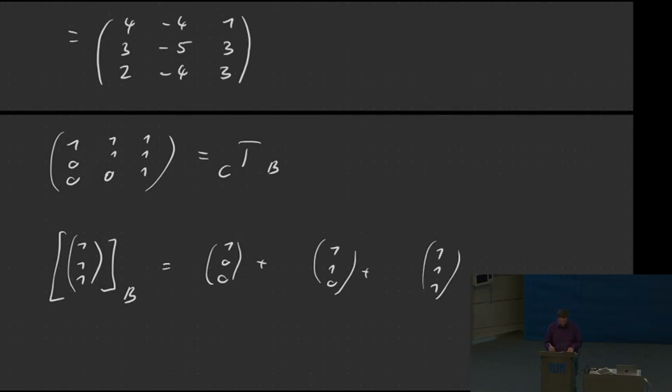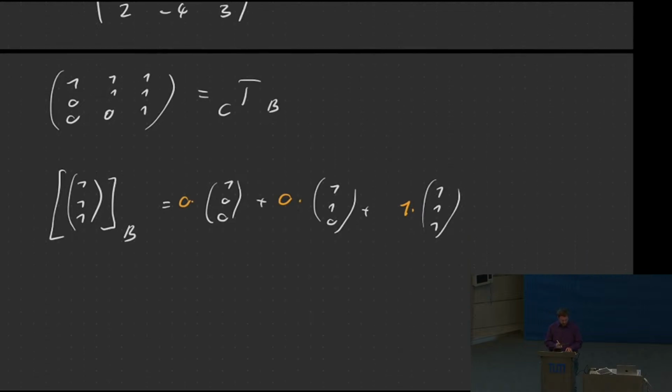This vector here is given in C coordinates. If I want the B coordinates of that vector, what do I have to do? I have to find a linear combination of the basis vectors in B, and then I take the coefficients of that. And obviously, it's the last vector, right? So obviously the right combination is take this vector once and all the others 0 times. So the B coordinates of that are 0, 0, 1.